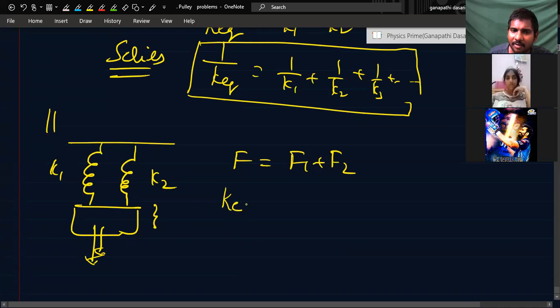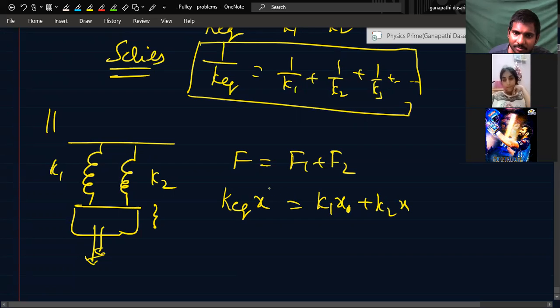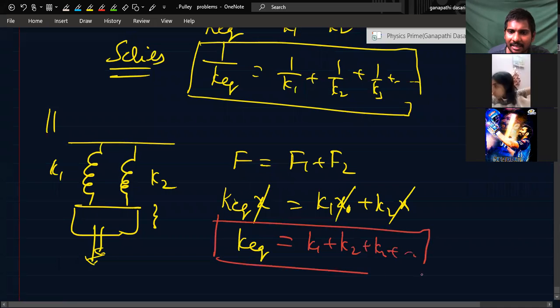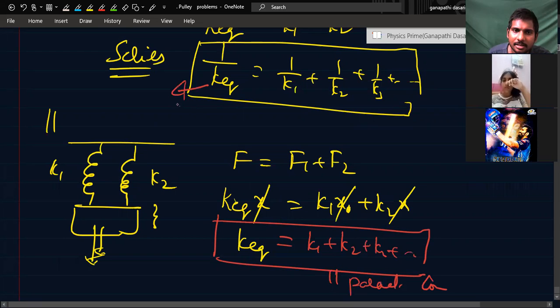So F is K equivalent into X. If I replace both of them with one spring, K equivalent X is equal to K1 X plus K2 X. X will be the same for both springs. X cancels. The resultant will be K equivalent is equal to K1 plus K2 plus K3, and so on. So this is for the parallel combination, and the earlier one is for the series combination.